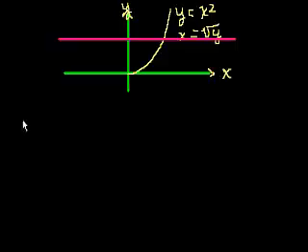Now, this problem is going to be slightly different than what we've done so far. I'm going to take a rotation, but instead of taking a rotation around the y-axis or the x-axis, I'm going to take a rotation around another line.